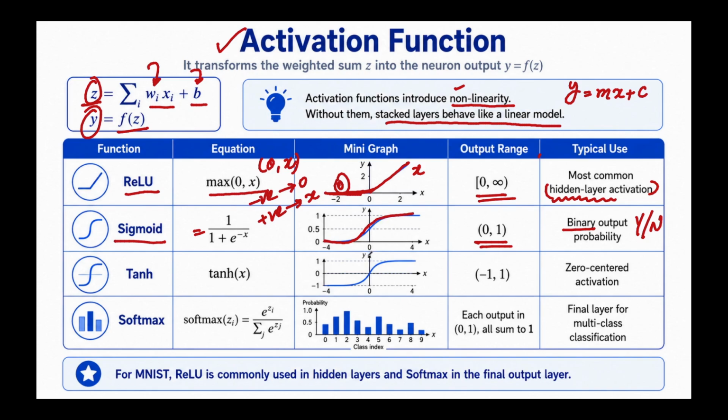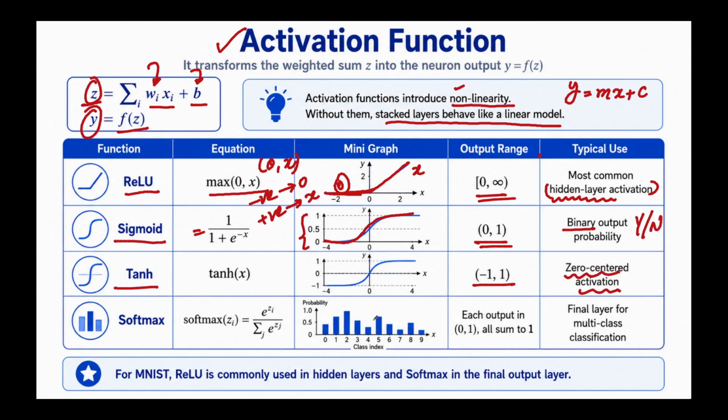Especially when the values are saturated near 0 or 1, it becomes very small and it won't give you much better results. The third activation function is tanh. Tanh outputs values between -1 and +1. It is zero centered, so the output can be negative, 0 or positive. This can be useful in some neural network designs.